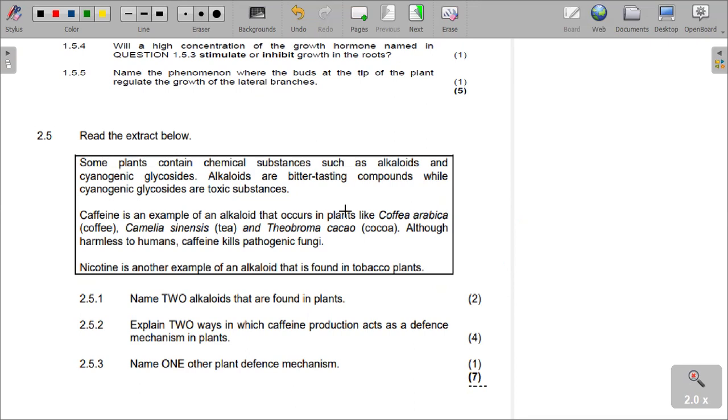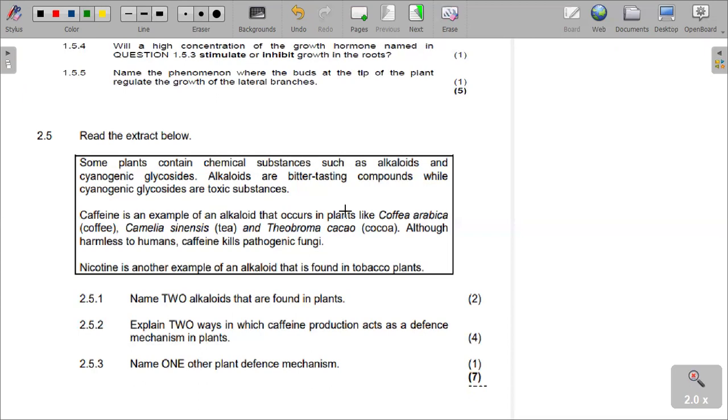I would like to refer back again to the fact that plants also defend themselves from grazers and browsers, which are animals or organisms that feed on them. In order for them to survive, they have to defend themselves. The extract refers to plant defense mechanisms. The first question, 2.5.1: name two alkaloids that are found in plants.